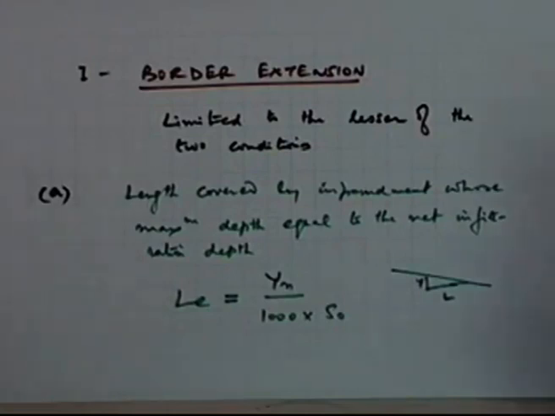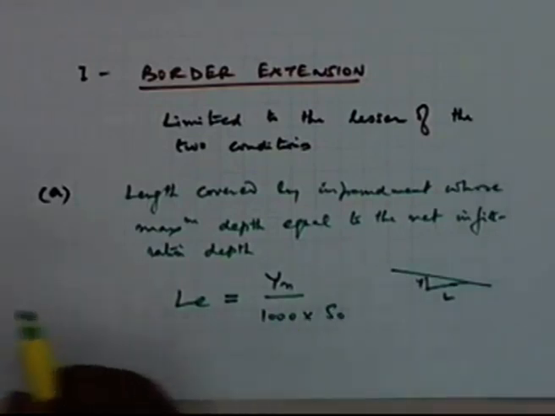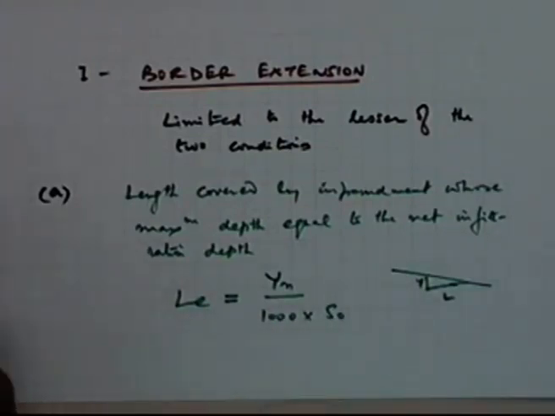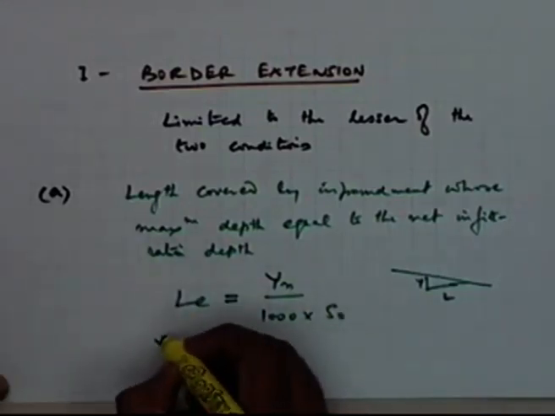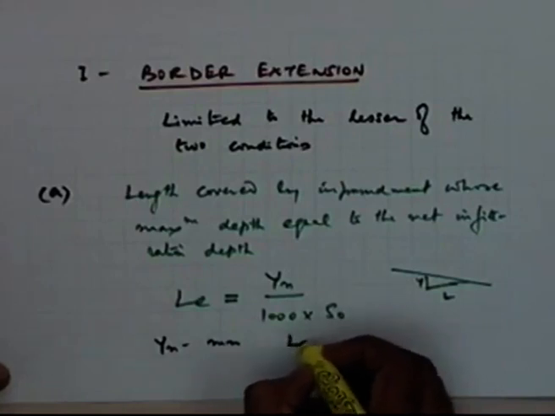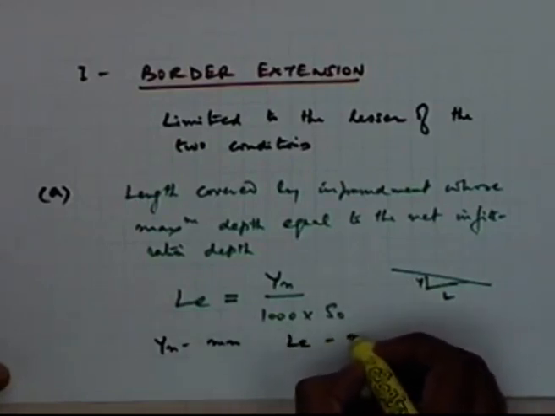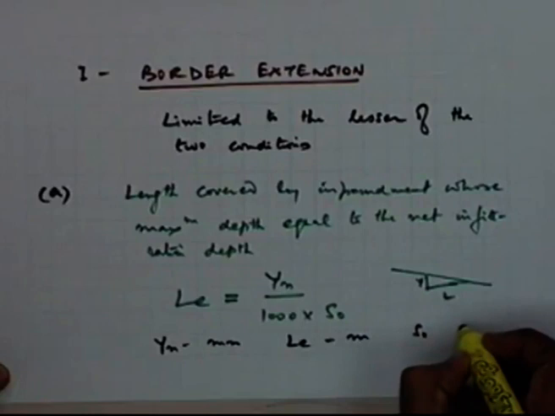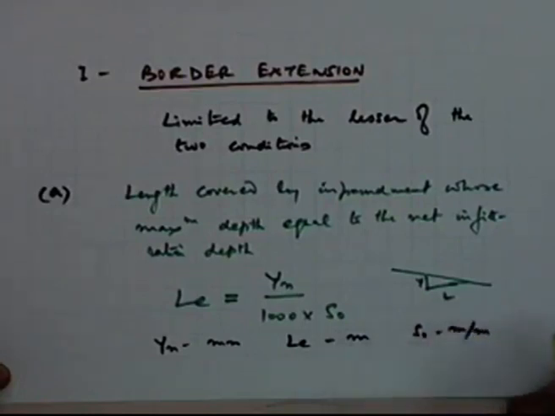So this is a very simple formulation, and yn is in millimeters, L is in meters, and S naught is in meter per meter.